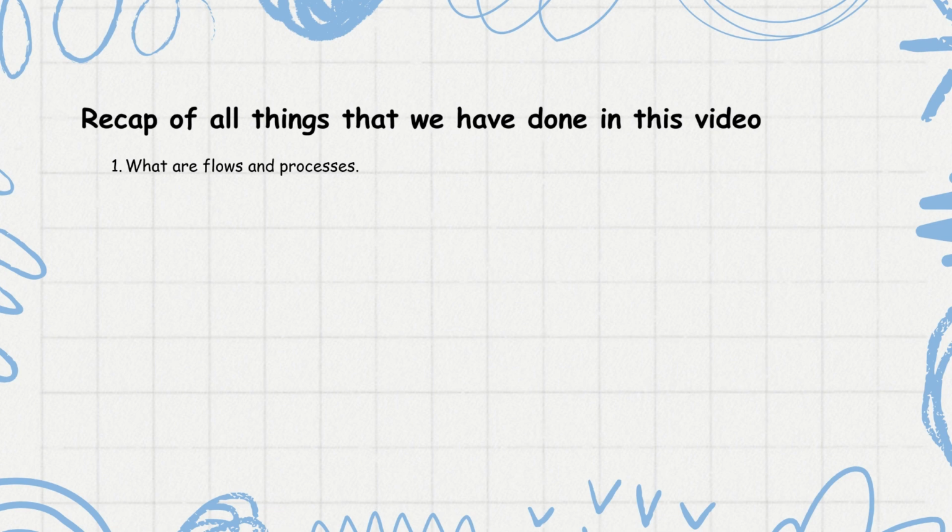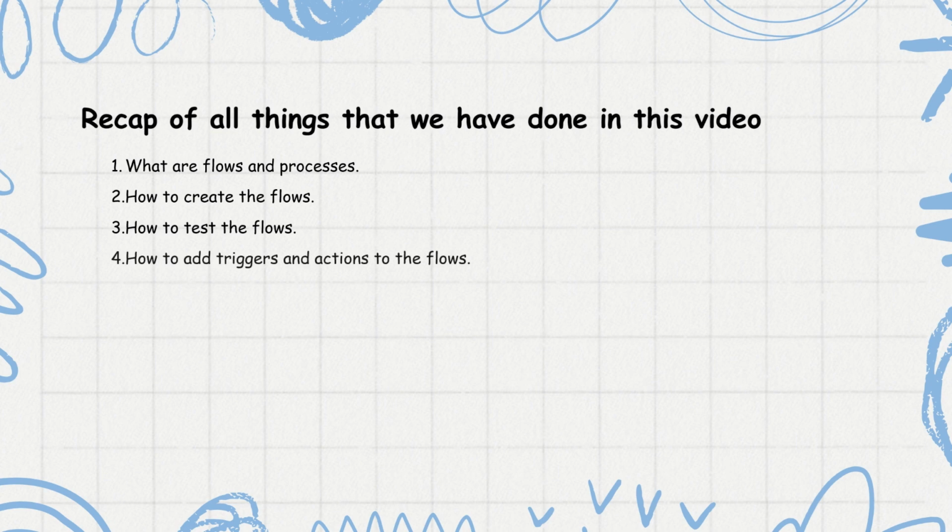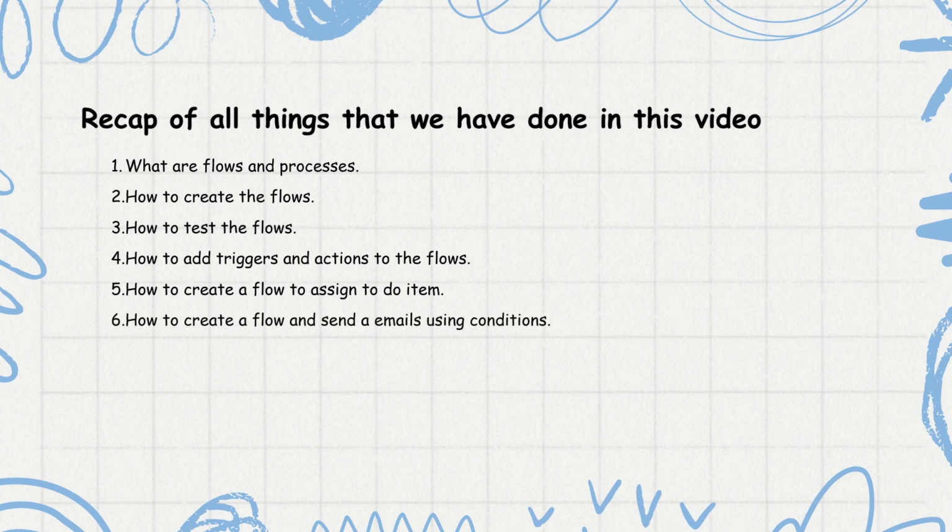We have seen what flows and processes are, how to create flows, how to test flows, how to add triggers and actions in flows, how to create a flow to assign a to-do item if it is not assigned to anyone, and how to create a flow to send emails to the assigned users one day before the due date of our to-do item.